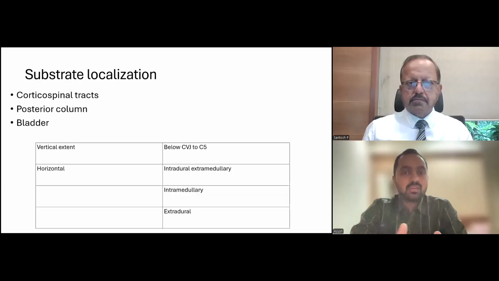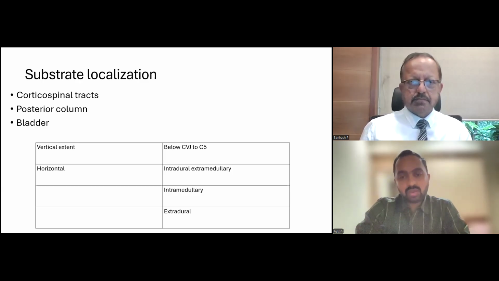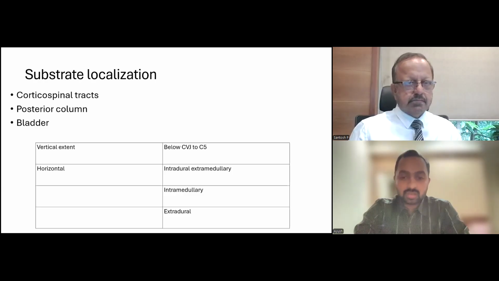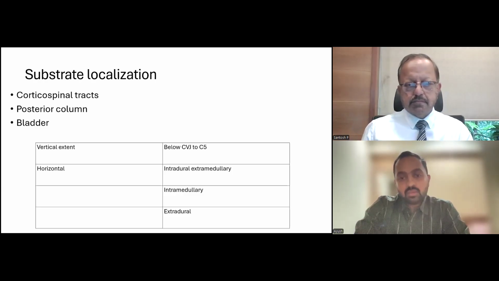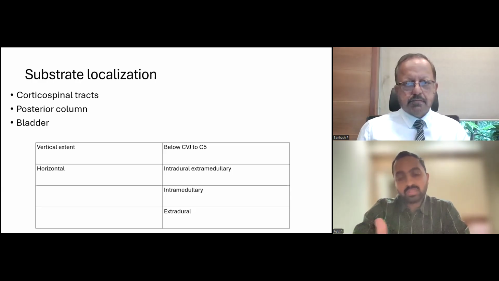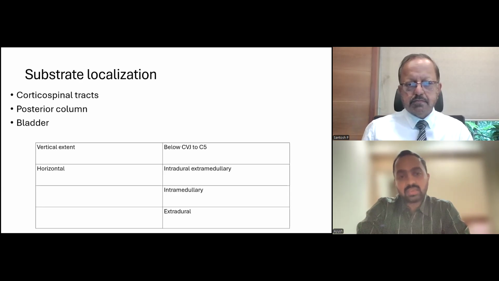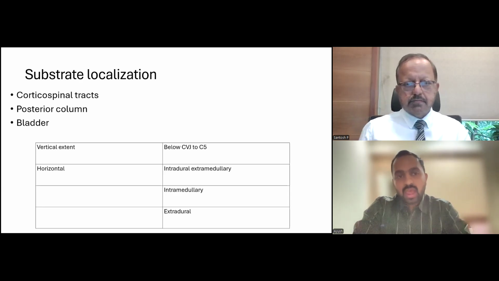An intramedullary lesion usually presents with deep dull aching pain in a dermatomal pattern, while in an extramedullary lesion it would be more of a root pain, a lacerating pain. So the horizontal extent remains more towards intramedullary, considering the bladder feature.